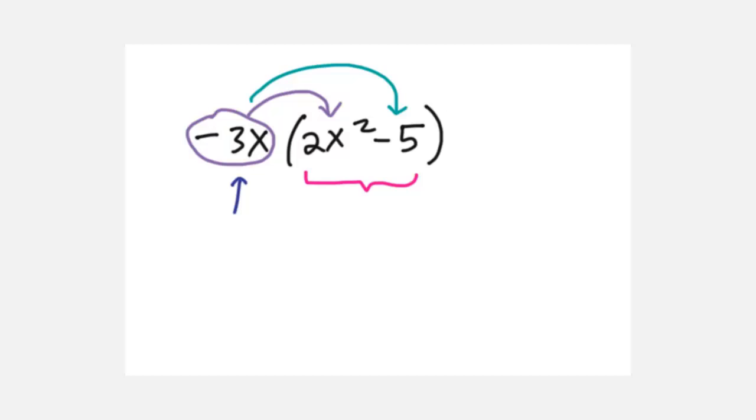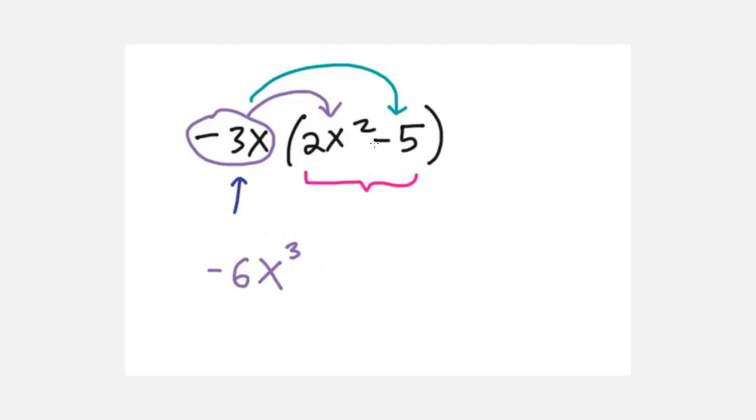Okay, so the first one, negative 3x times 2x squared, multiply out the coefficients, which are the negative 3 and the 2, so you'll get negative 6. And then x times x squared, we all know from the last unit, it's x to the third, right? Because there's a 1 here. Alright, you do the same thing for the other one. Negative 3x times the negative 5.